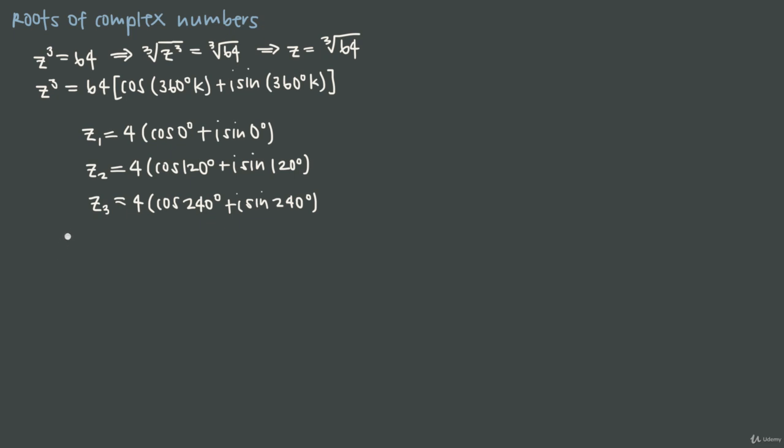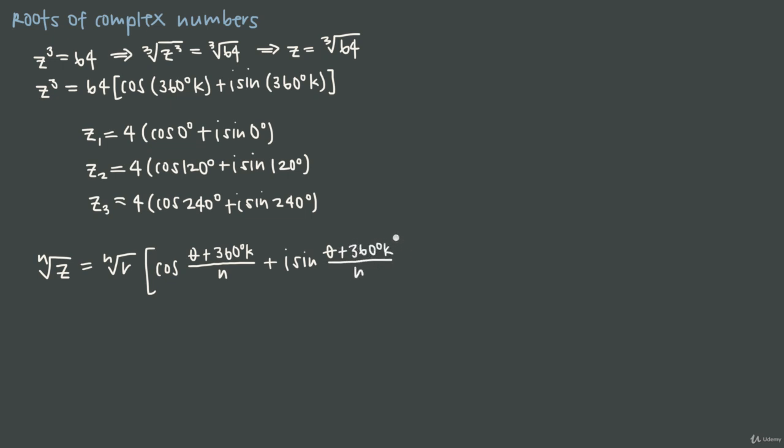And if we extrapolate this formula to find the roots for z, what we say is that when I want the nth roots of z, so for instance, if I want the third roots of this equation, I say the nth roots of z is equal to the nth root of r, and then I multiply that by cosine of theta plus 360 degrees times k divided by n, plus i sine of the same angle, theta plus 360k divided by n.